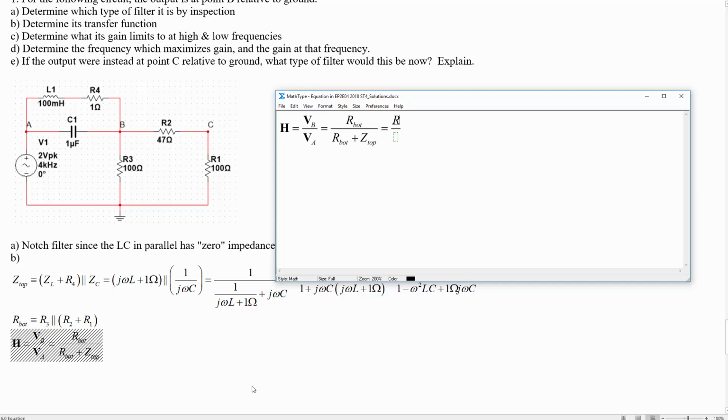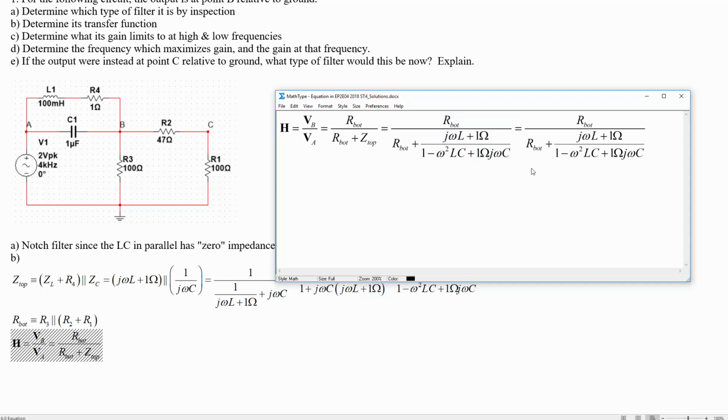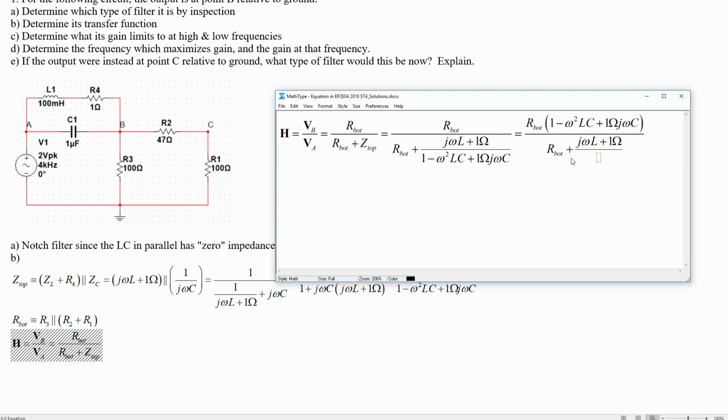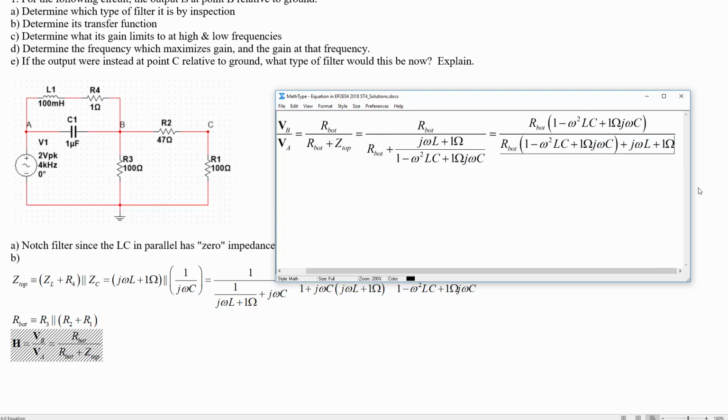So this is going to be equal to R bot over R bot plus that thing. And now we can again multiply numerator and denominator by this factor to clean that up and get rid of the fractions in fractions. So that's going to lead us to that on the top there, and then that on the bottom.